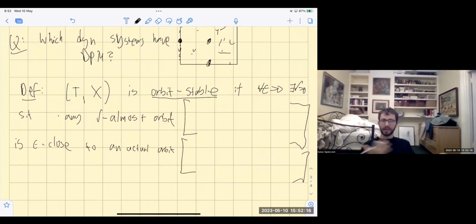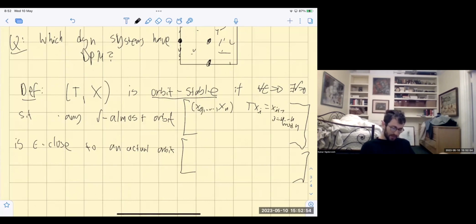It starts to remind us of this group stability thing. What do I mean by an almost orbit? So what is an orbit? An orbit is, of course, a sequence of elements x_i in the set such that T x_i equals x_{i+1}, where i is 0 till n, let's call this 1 mod n. This is an orbit.